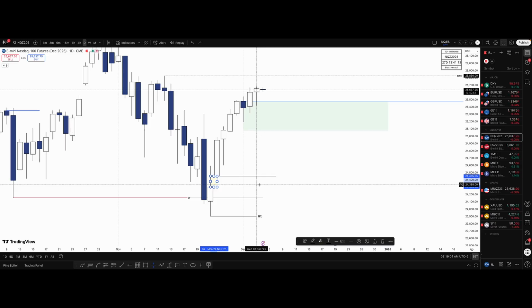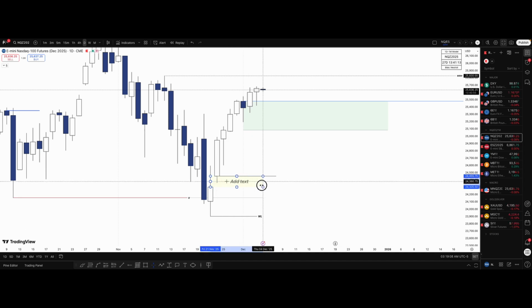So see, now this is what? This is a new week opening gap. How do we mark the new week opening gap? It's called the new week opening gap, right? So how do we actually mark it?